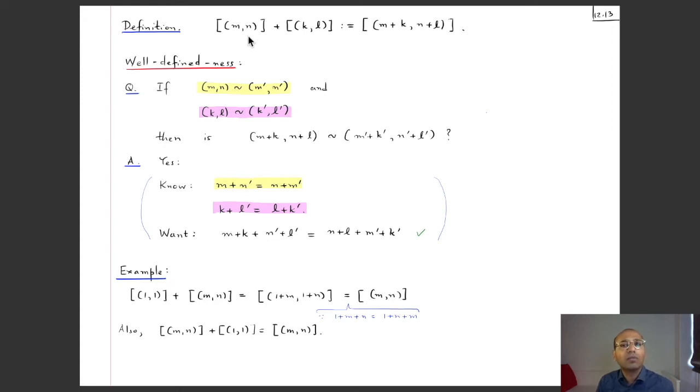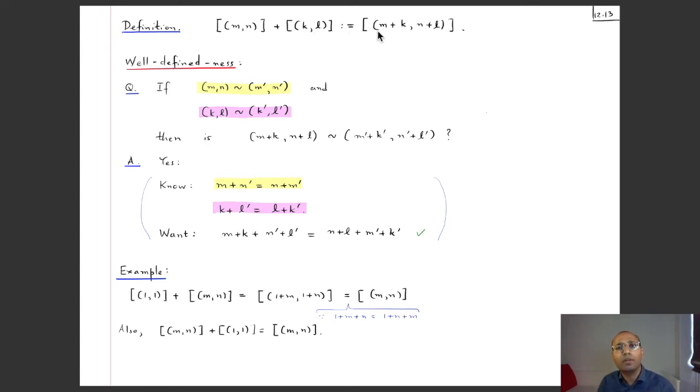Now, the first thing that we want to ask is, is this well defined? Now, this is really a set of which this ordered pair is just one of its members. Similarly, this is really also a set which contains k comma l as just one of its elements.